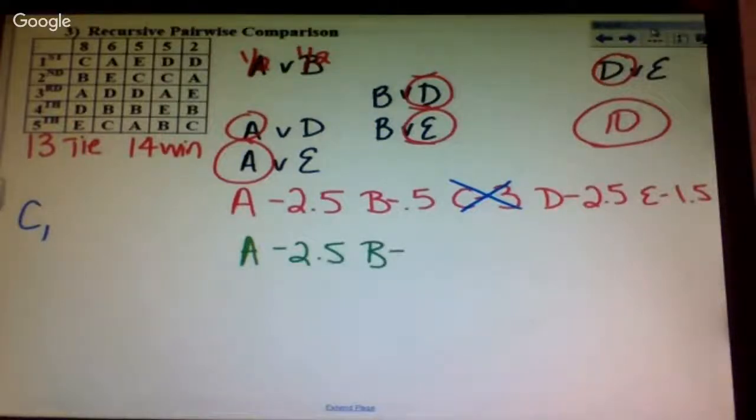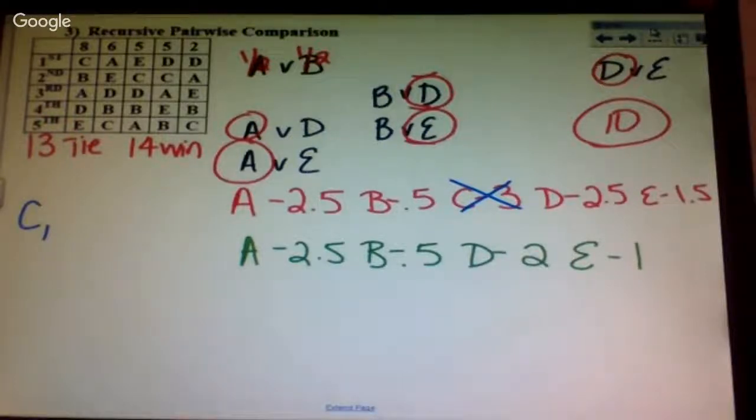B still only has half. There is no C. D has won 2 now. And E has 1. I have 6 comparisons left, so this total should add up to 6. 2.5 and a half is 3, plus 2 is 5, plus 1 is 6.